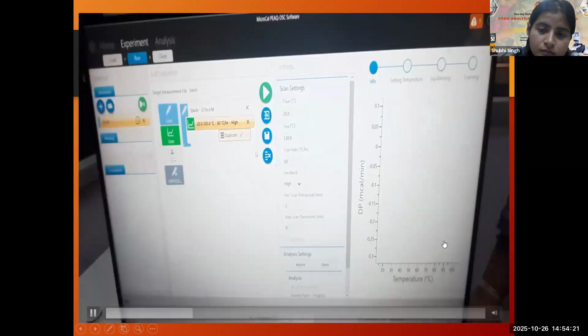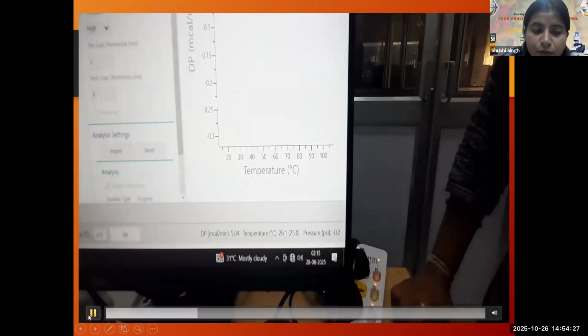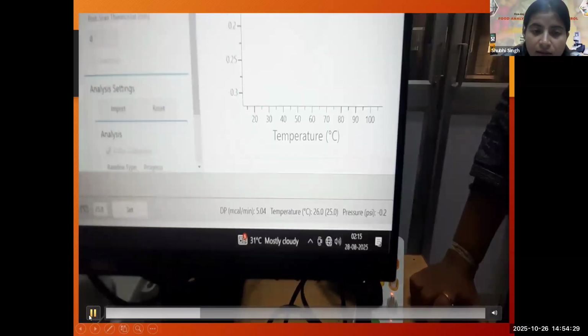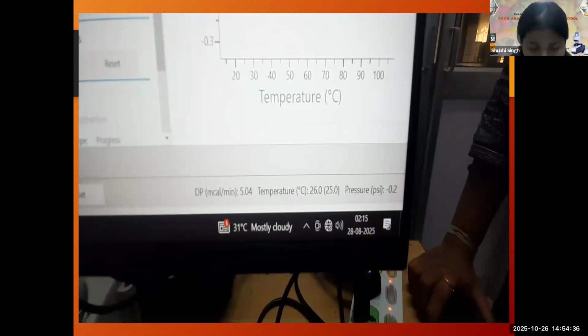So she is talking about what happens after putting your sample with the help of pipettes. You will close the lid, and then you have to set the temperature from this control panel.